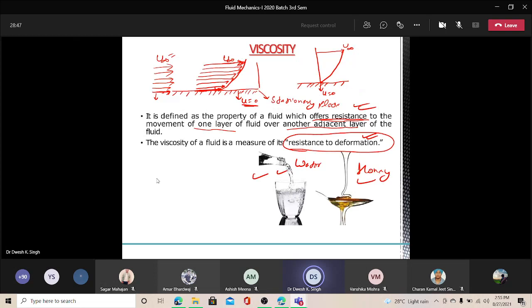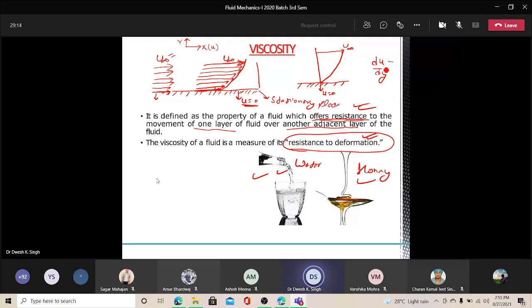You can see this is your u velocity, the velocity in the x direction, and this is y. The gradient is always developed in the perpendicular direction. So look here, du by dy.